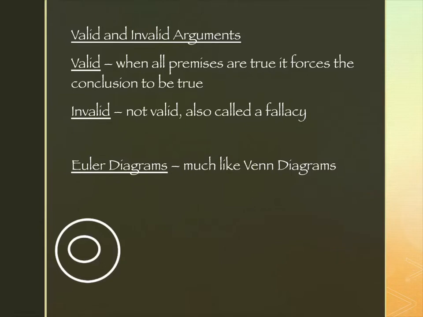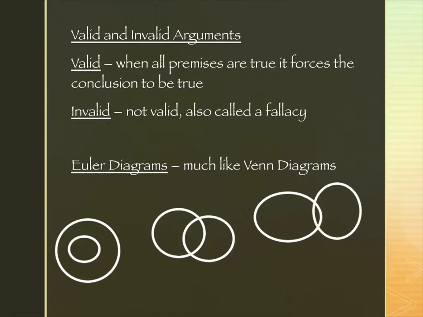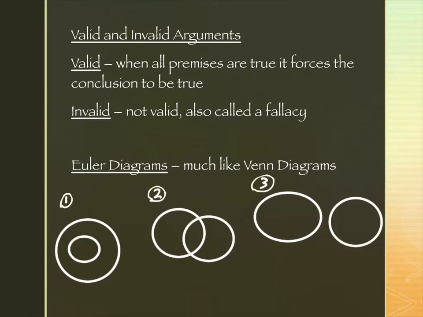A second structure is circles that overlap, so that looks like our Venn diagrams that we saw mostly. And a third structure is disconnected circles. So these are sort of case 1, case 2, and case 3. The argument structure, the way it's given, determines which of the three cases we're in.